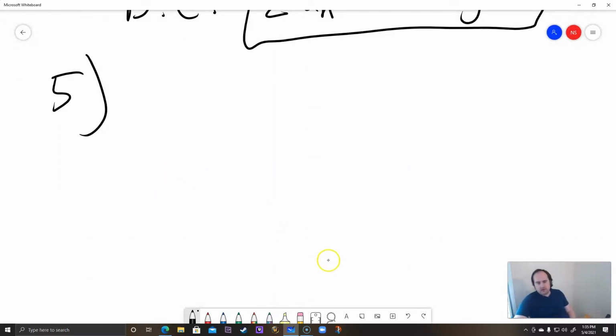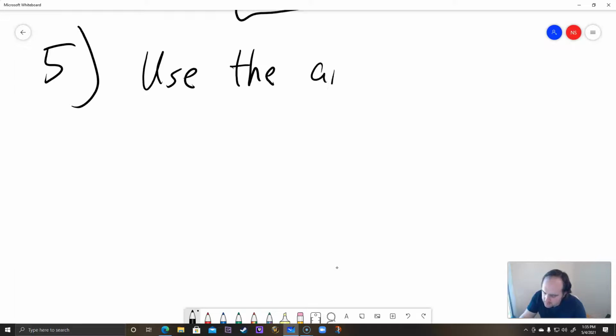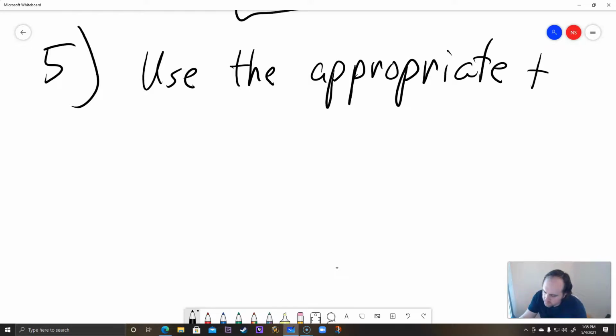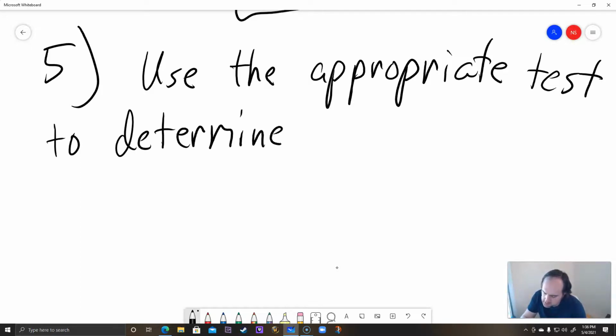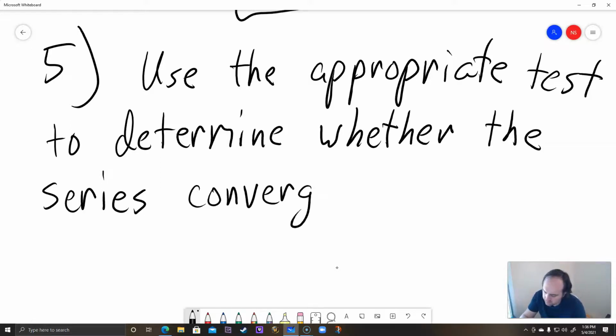Now this one's a little bit of a trick question. For this one they say, use the appropriate test to determine whether the series converges or diverges.